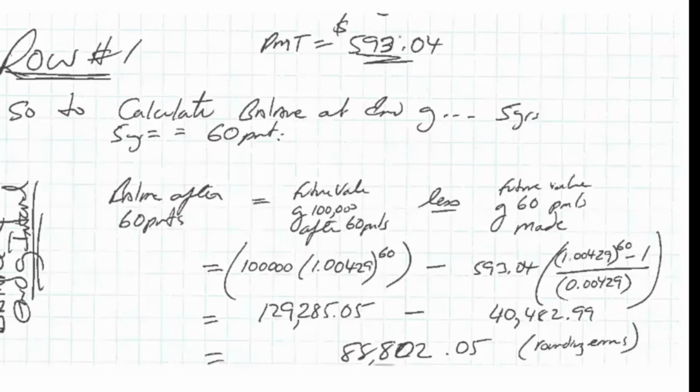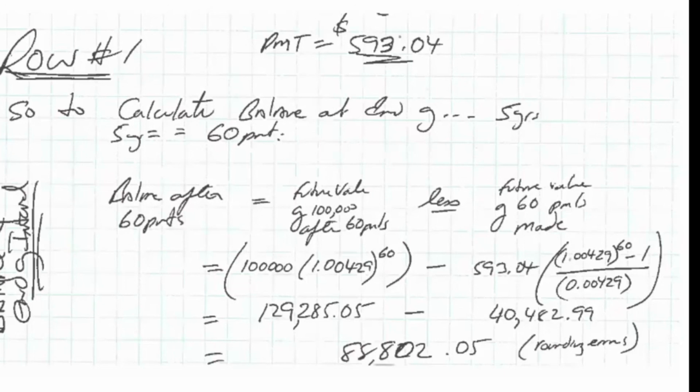So you need to use the future value formula there. So the future value equals the payment, $593.04, times 1 plus I2, which is 1.00429, to the power of n, which is 60, minus 1, over I2, which is 0.00429. And if you did the math on that, that will come to $40,482.99.